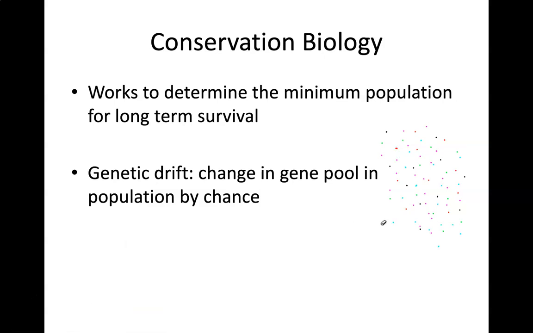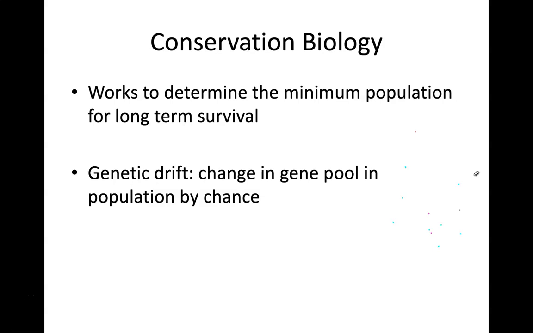Because genetic drift can come in and wipe out a population at random, like my eraser here, and remove all of the gene types of certain colors. All right, so now we're down to just a couple of colors. Oh, here's a green one.